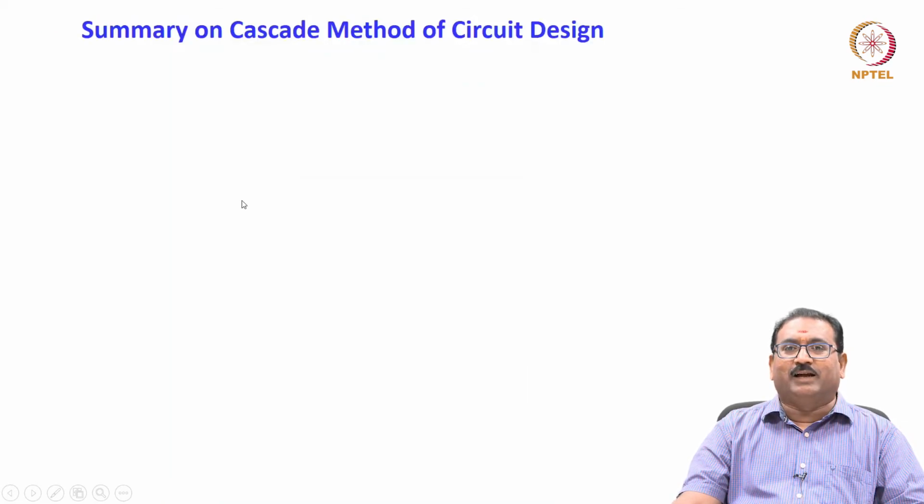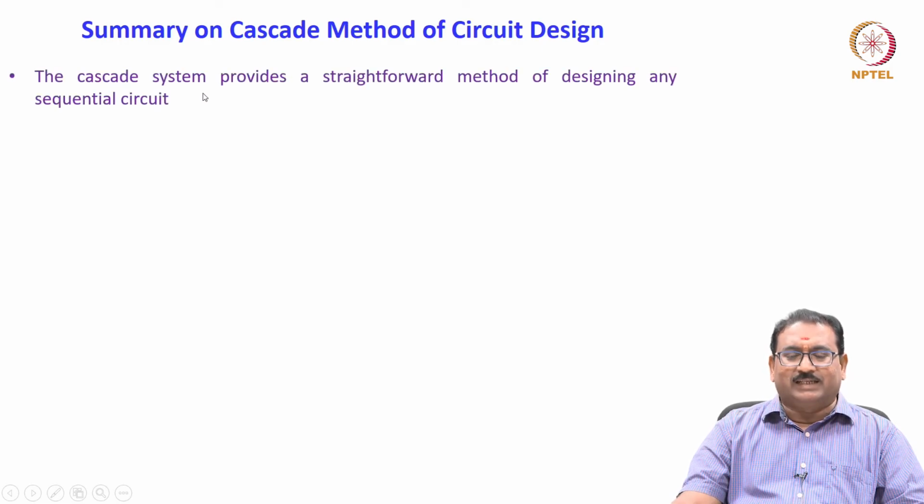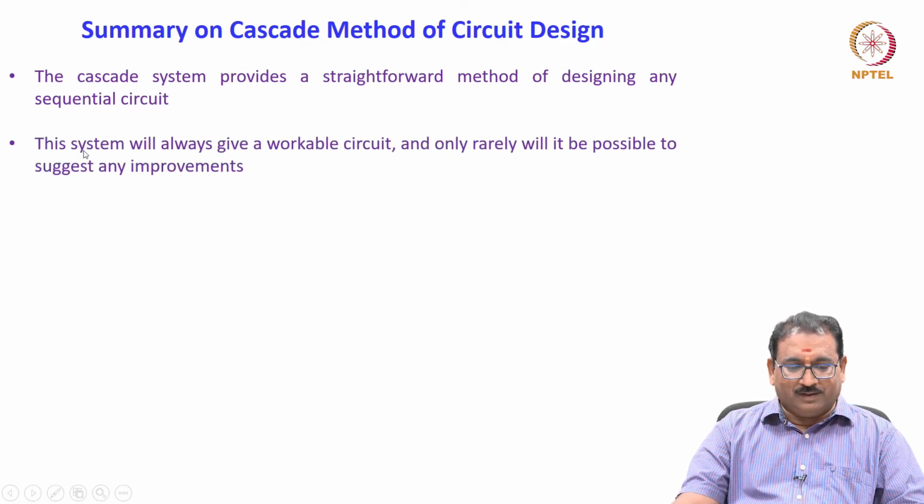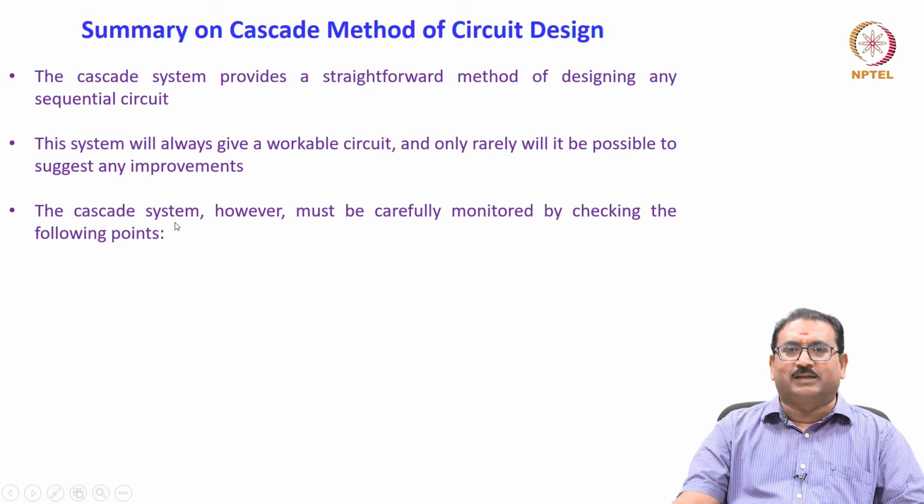Summary on the cascade method of circuit design. The cascade system provides a straightforward method of designing any sequential circuit. This system will always give a workable circuit, and only rarely will it be possible to suggest any improvements. The cascade system, however, must be carefully monitored by checking the following points.